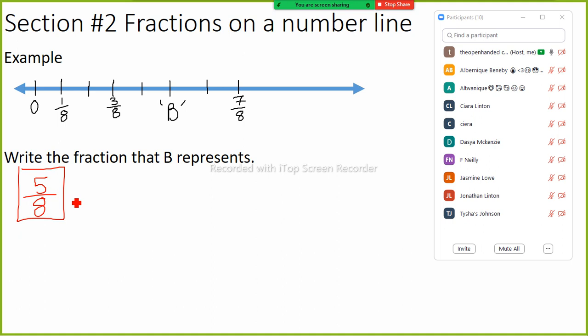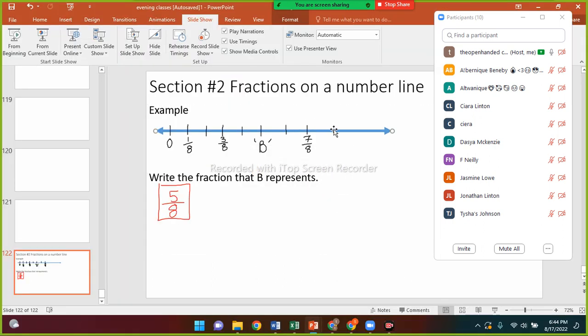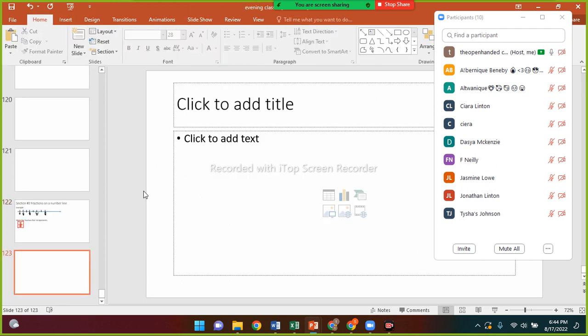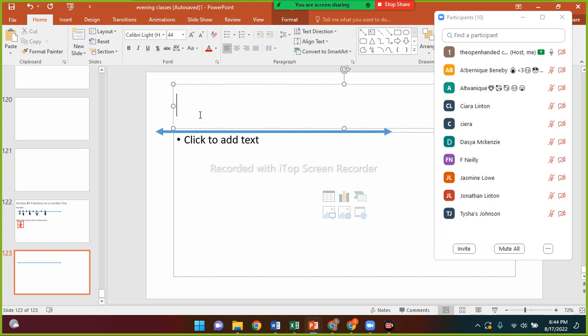Okay, so let's consider some other examples concerning this. Exercise number 1.